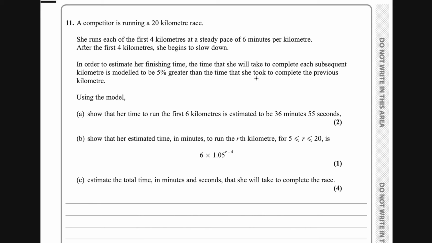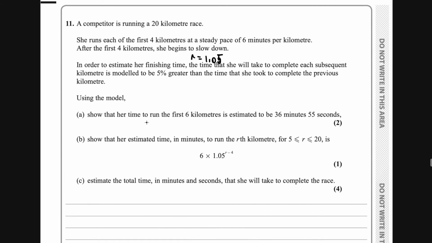So in a strange way, what we're ultimately going to be getting here is a geometric sequence where each term of this sequence after the initial 4 kilometres is going to be increasing by 5% with a common ratio of 1.05. Okay, and remembering that 1.05 is the multiplier for 5%.